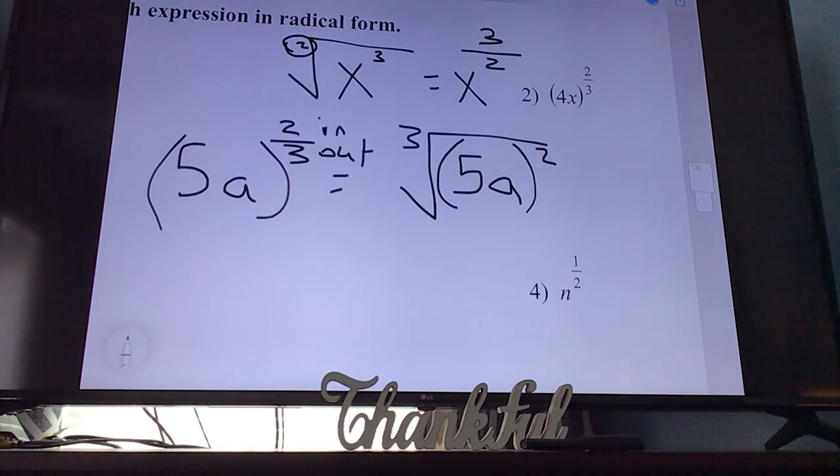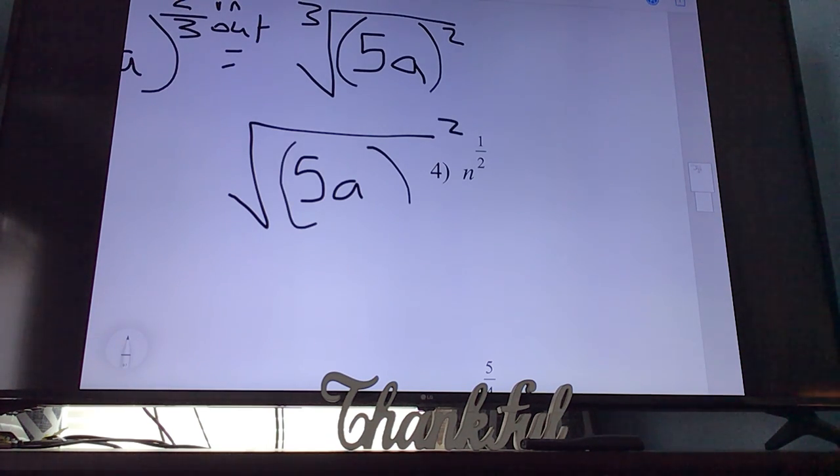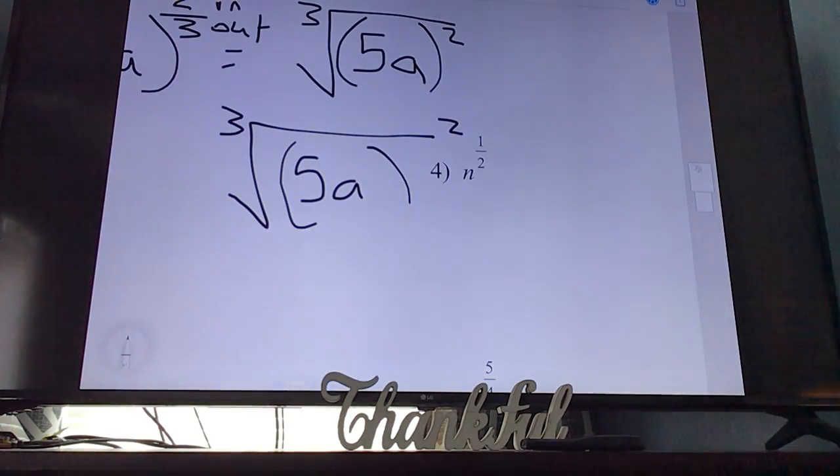And it's okay if this 2 is way outside. So you could have 5a and maybe a 2 here and a 3 here. That's totally okay too, because you can definitely see that one is always going to be the furthest over this way, and the other one the furthest over that way.